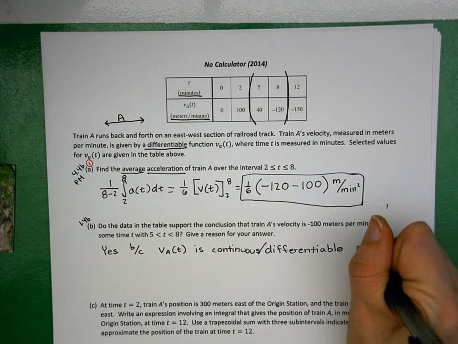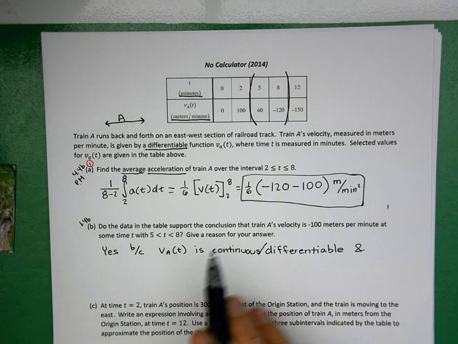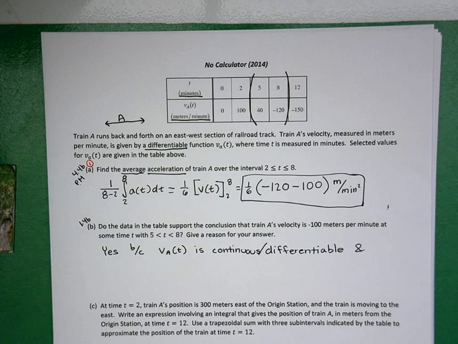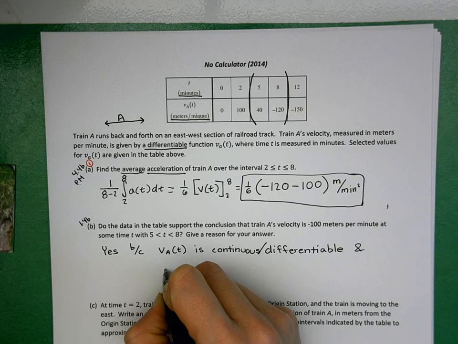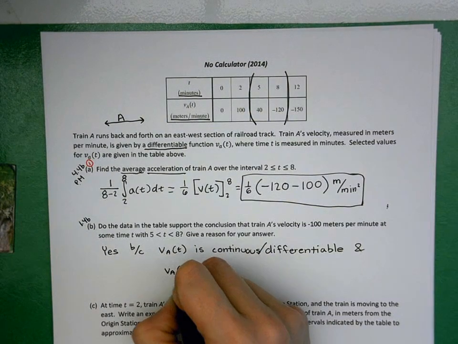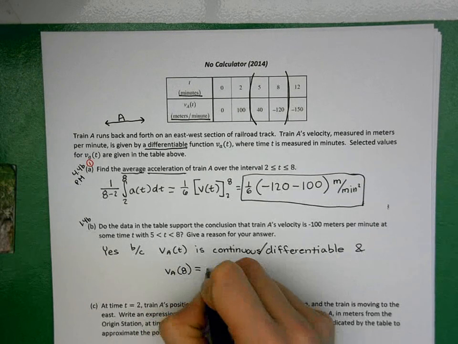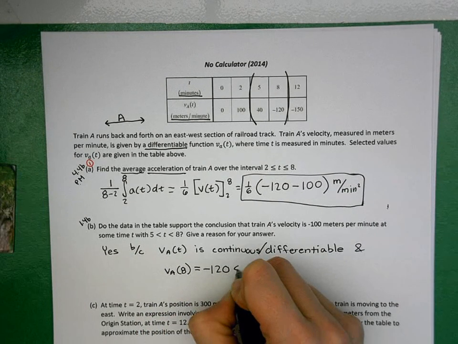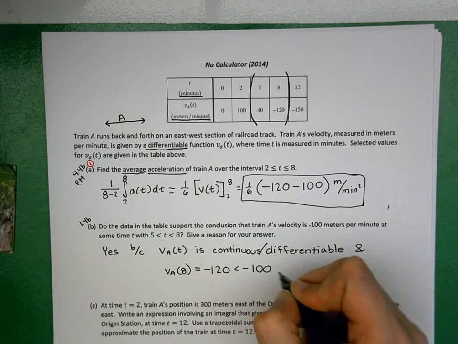And then something about negative 100 being between your velocity at t equals 5 and your velocity at t equals 8. When you look online at the rubric College Board released, they wrote that as an inequality, which is very similar to how I wrote it in 1.4b. I tend to always write it with my lower number first, which in this case would be my negative 120, stating what that equals, and then stating that negative 100 is between those two values.